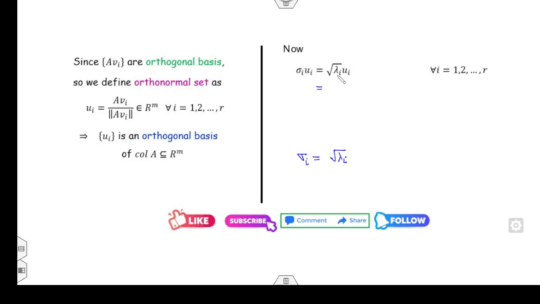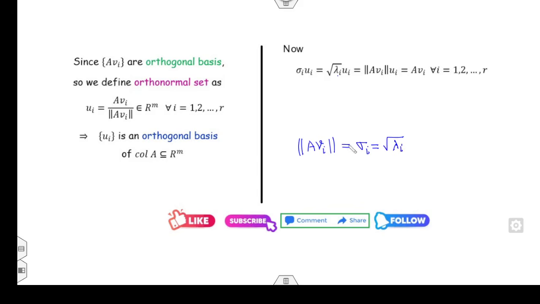What is sigma? Sigma is the root of lambda. You can see the norm of A of Vi is sigma i, and sigma i is nothing but root of lambda i.